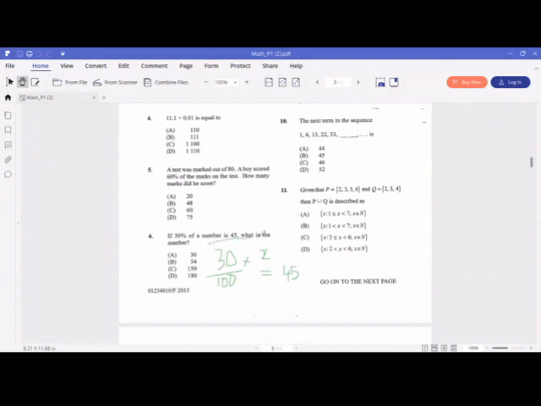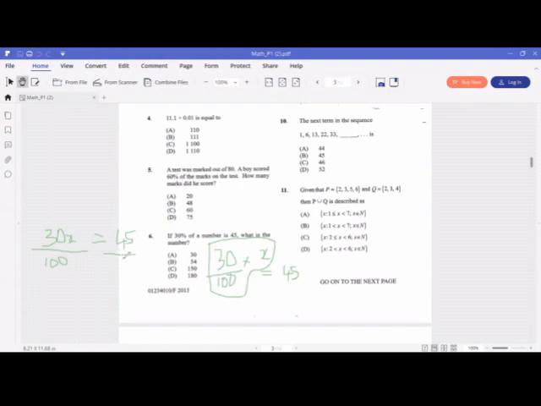Now I can simplify the left hand side of the equation by multiplying 30 times x. Now I should get 30x over 100 equal to 45.